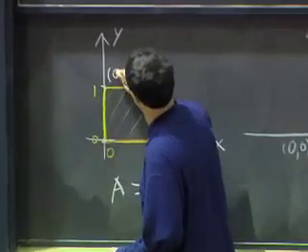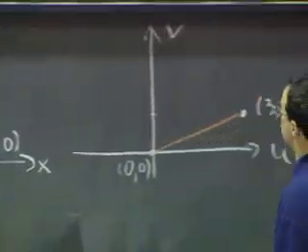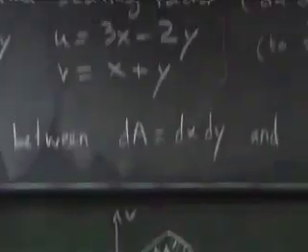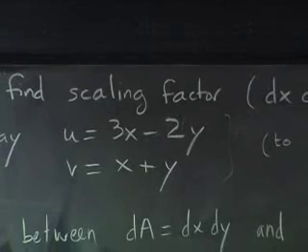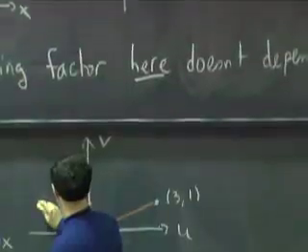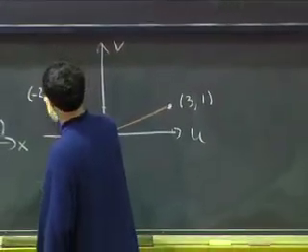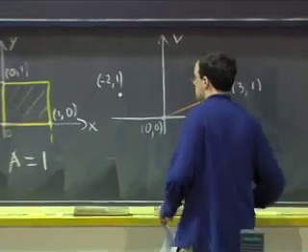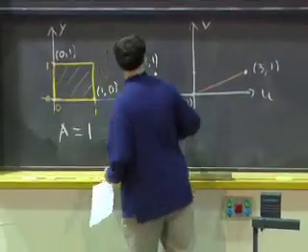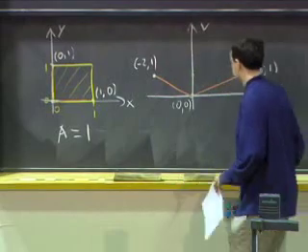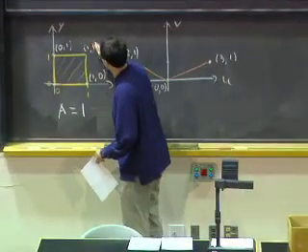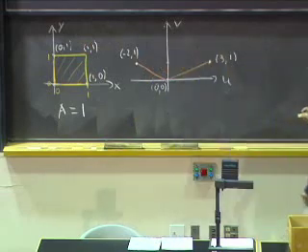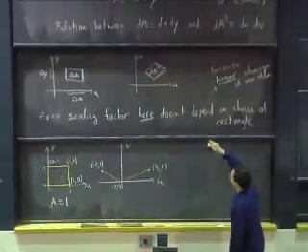Okay? Next, let's look at that point. So that point here was 0, 1. If I plug x equals 0, y equals 1, I will get negative 2 and 1. So this edge goes here. Then if you put x equals 1, y equals 1, you'll get u equals 1, v equals 2.